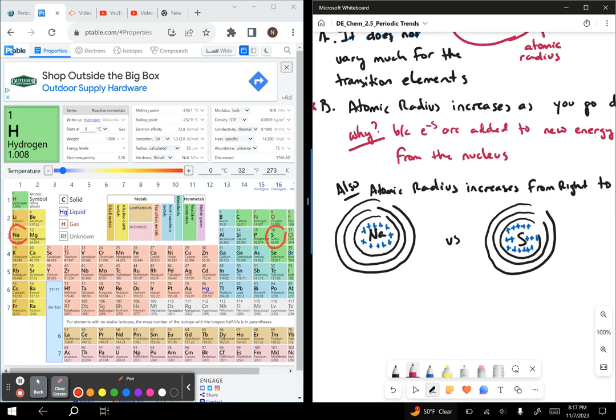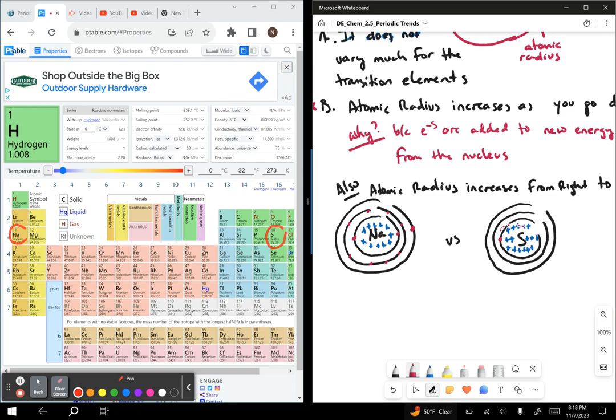So sodium we said had 11, and the sulfur had 16.